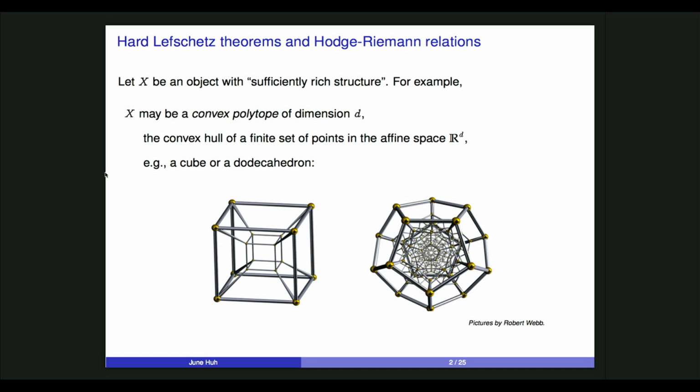Or maybe your X is a convex polytope of dimension D. This is simply the convex hull of a finite set of points in the affine space. And maybe it's a cube or the dodecahedron or any other particular polytope that you like. That certainly counts as an X with sufficiently rich structure.